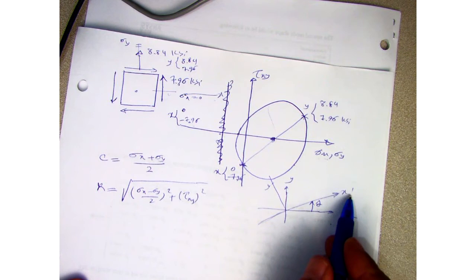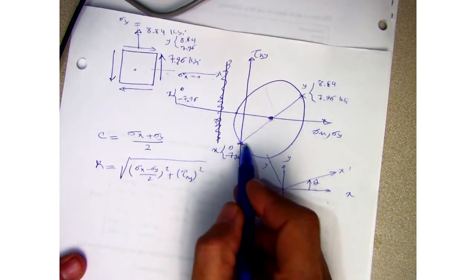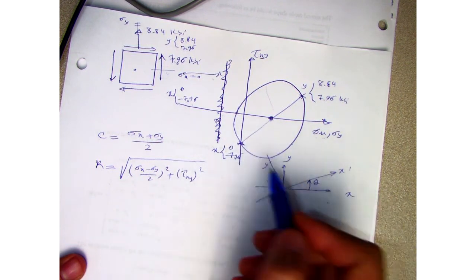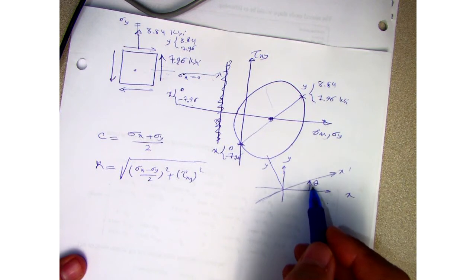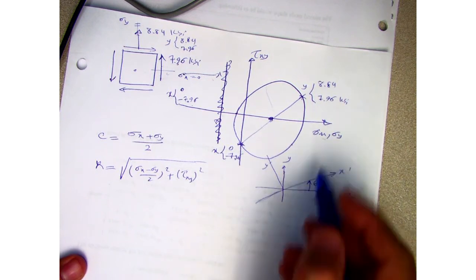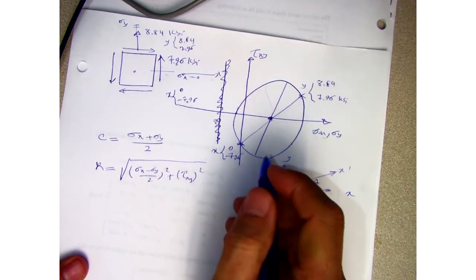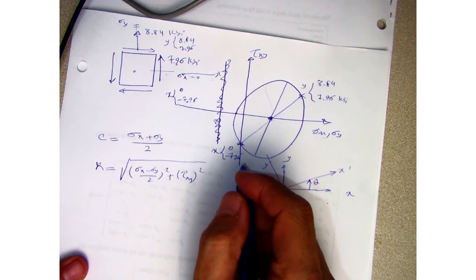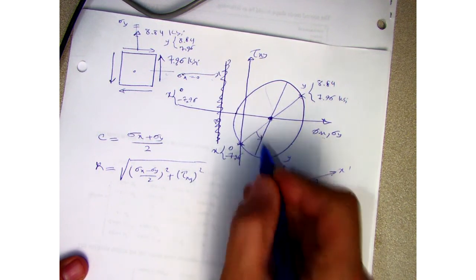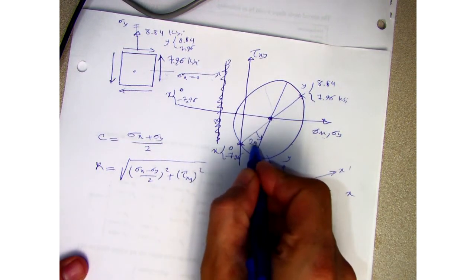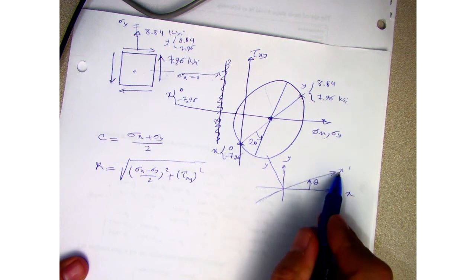To get to x prime on the element, I have to rotate counterclockwise with theta. On the Mohr circle, you have to rotate x in the same direction, but with an angle twice as much as theta. So I'm going to get actually like this. If I rotate like this with 2 theta, then you see here on the element, if I rotate with theta, I get to x prime.